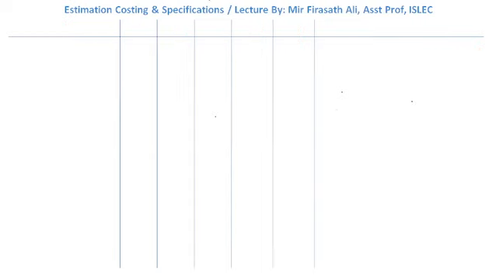The third one, first of all, let us fill this table. The table is of particulars. We have number, length, breadth, height or depth, quantity and remarks. So, what is the third thing we are finding out?